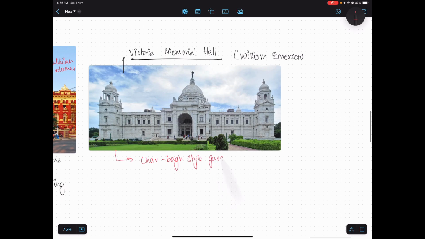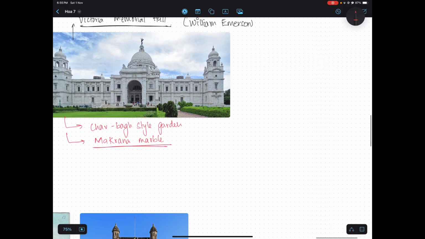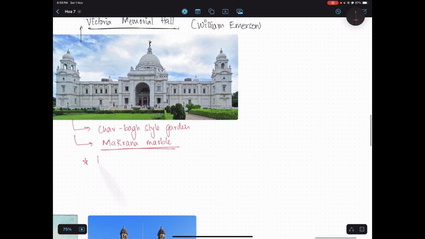And the material that they used is Makrana marble, which is the same marble that is used even in our Taj Mahal. And the dome is inspired from St. Paul Cathedral.